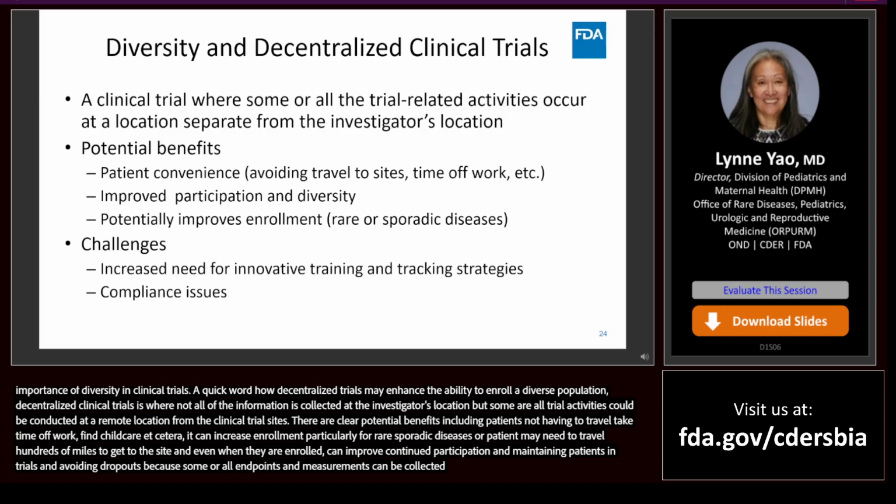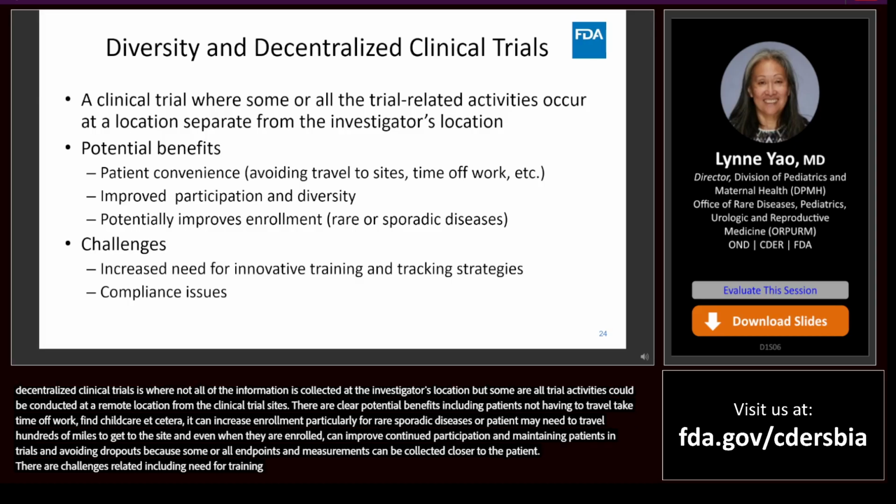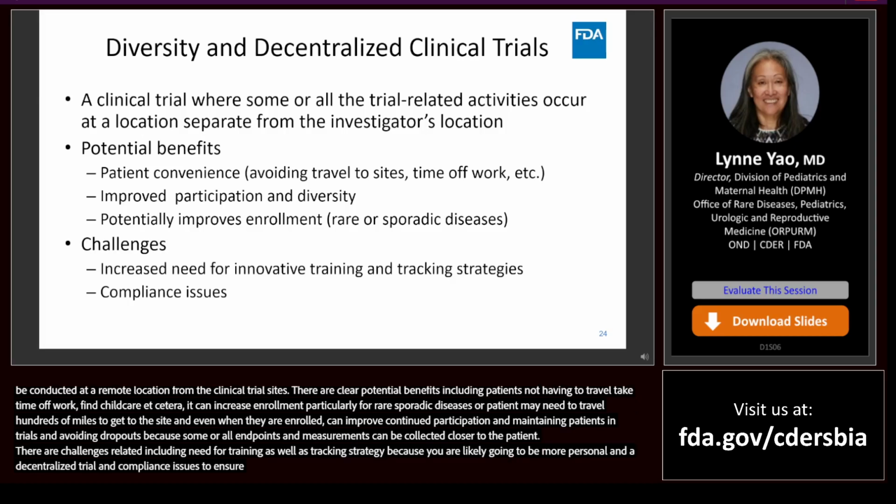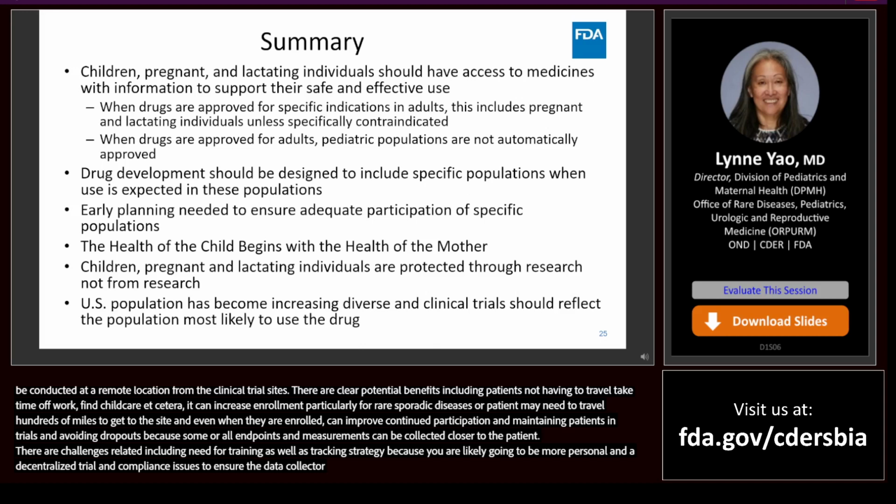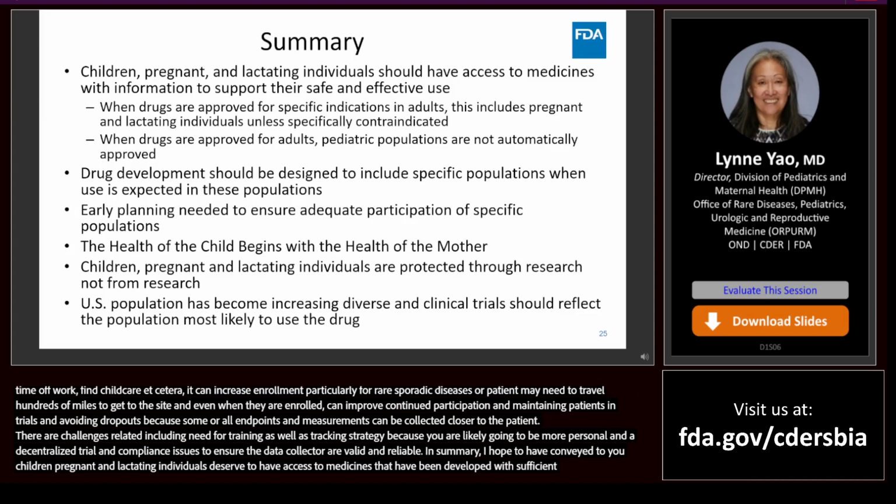Now, obviously, there are challenges related to that, including the need for training, as well as tracking strategies, because you're likely going to need more personnel in a decentralized trial. And then, of course, compliance issues that need to be worked out to ensure that the data collected are valid and reliable. So in summary, I hope to have conveyed to you that children, pregnant, and lactating individuals deserve to have access to medicines that have been developed with sufficient information to support their safe and effective use in these specific populations.